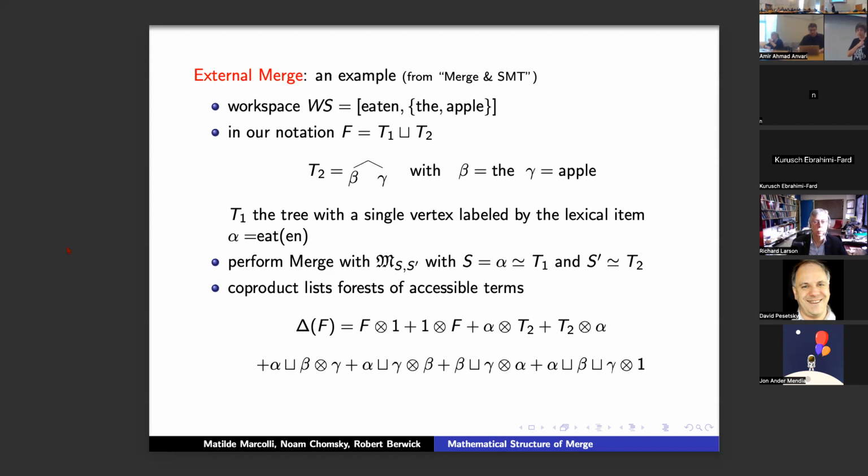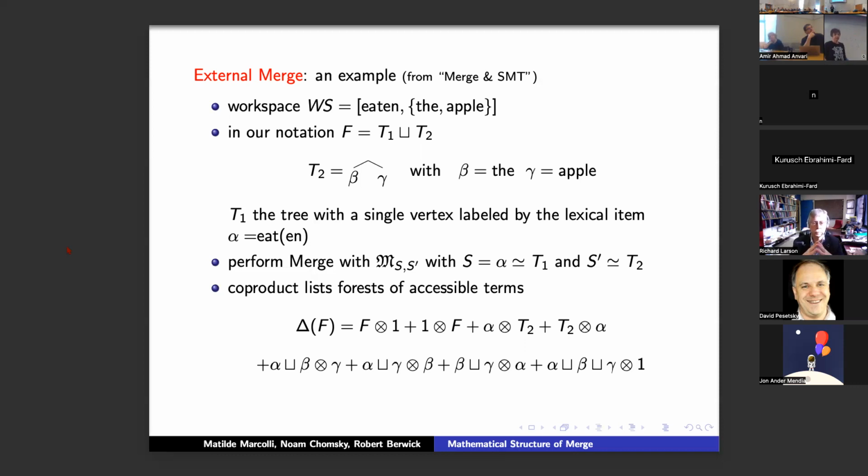Suppose that you start with a workspace that has two terms in it, so two connected components. One of them is a single leaf with a lexical label. And the other is a cherry tree with two leaves and the corresponding lexical labels. And of course, I want to do the external merge of these two.